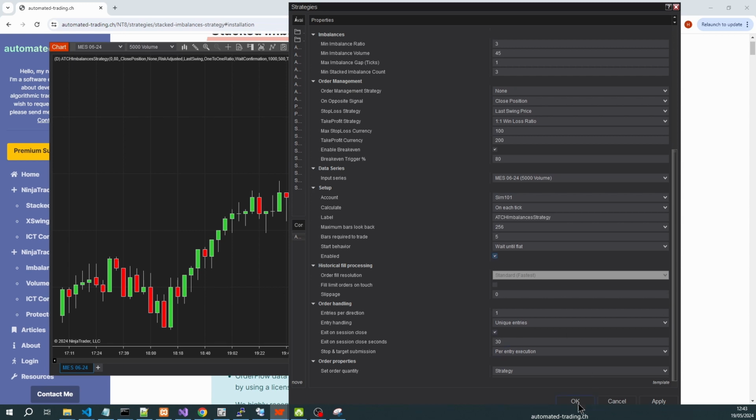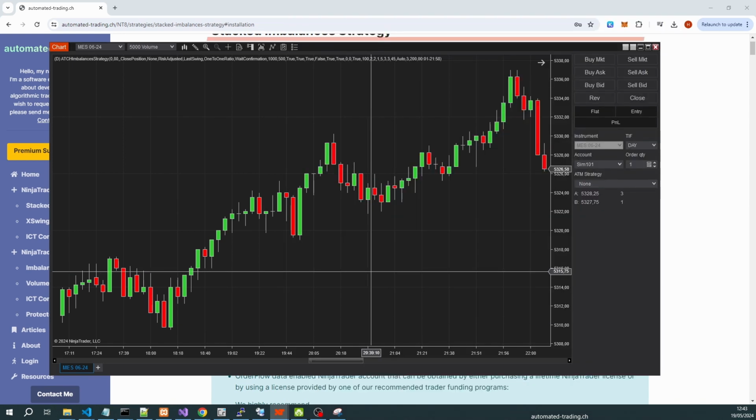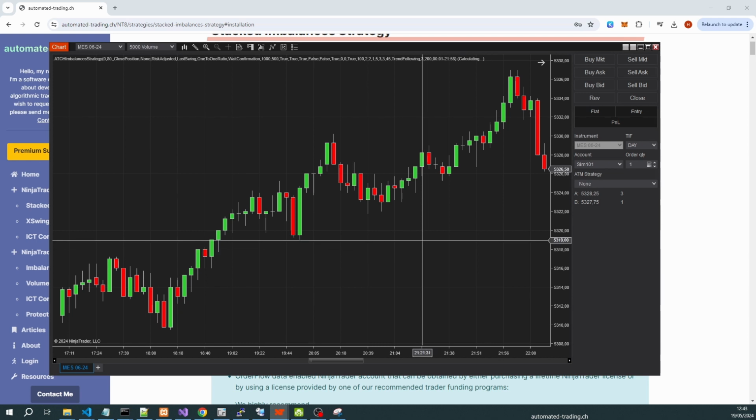Also, this can be modified or specified on the actions button on the chart panel section. So let the strategy run a little bit.